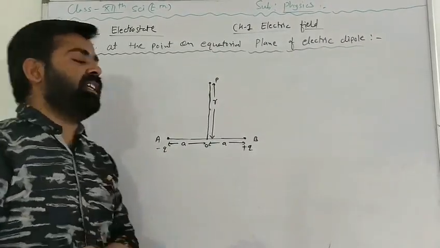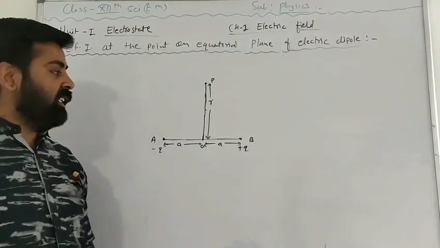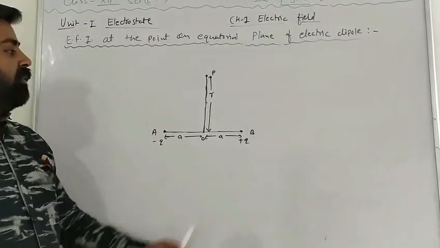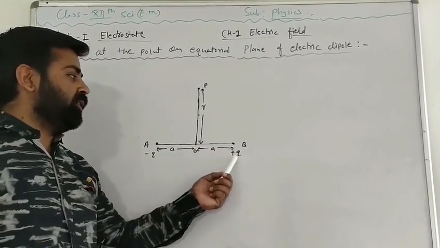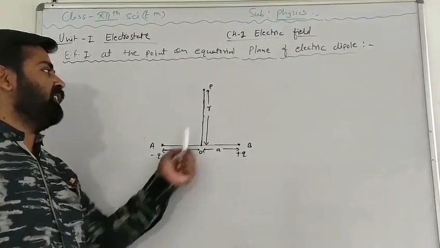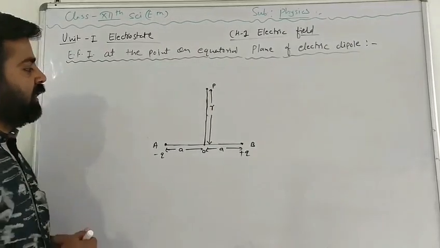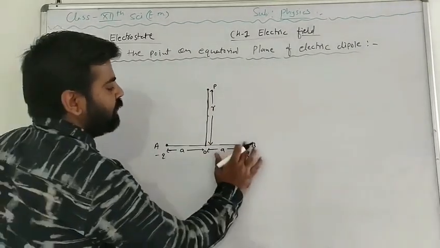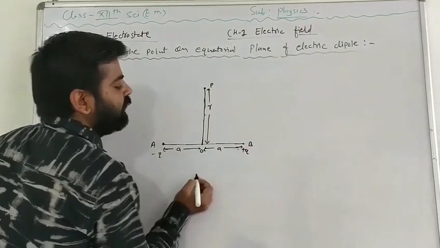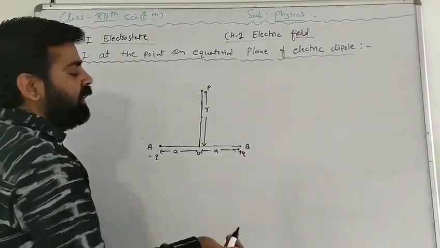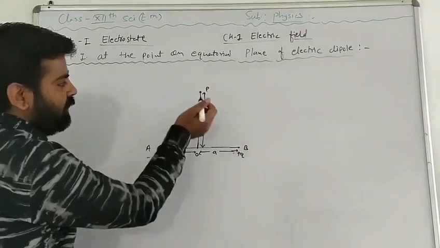To find electric field intensity, firstly we find the direction due to plus q charge and minus q charge at P point. Due to plus q charge, we know electric field intensity is always towards outside.